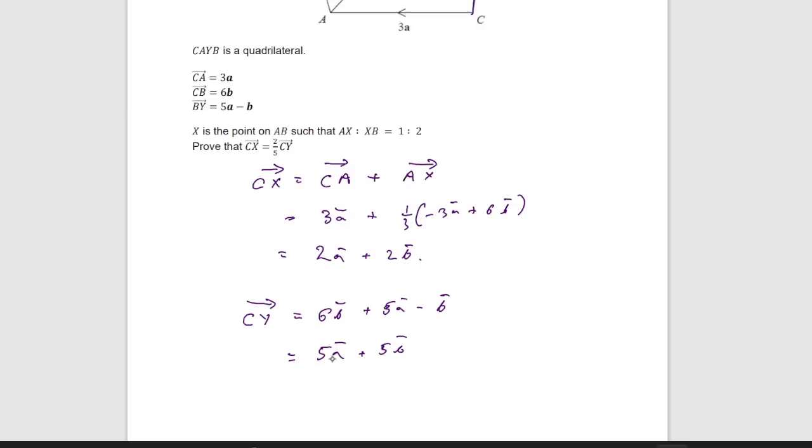So what I'm going to then do is take out a factor of 2/5 from this, just to put it in the format that I want it.